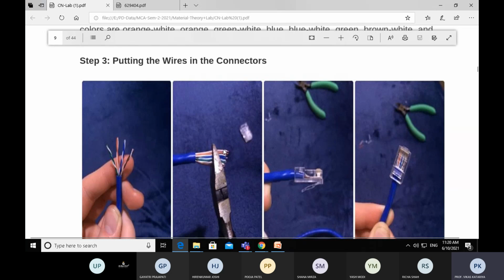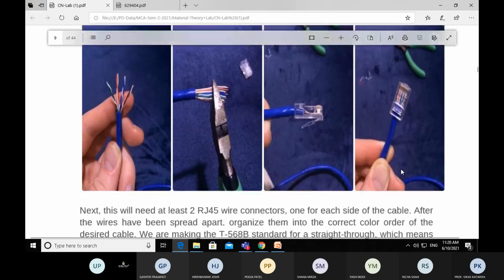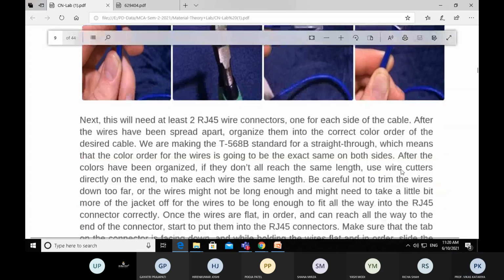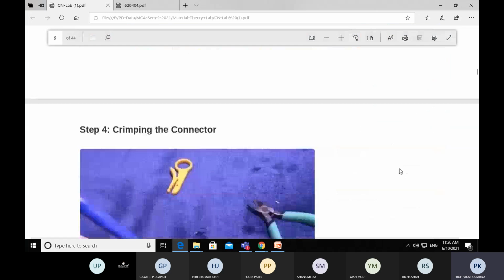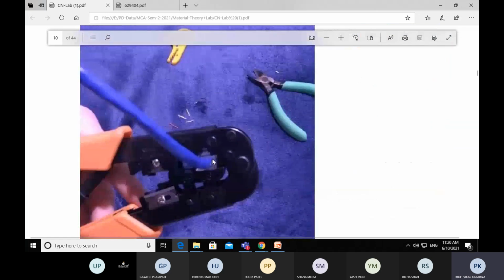After arranging the color combination, for alignment cut it from the edge, then fit it into the RJ45 connector, and then crimp it with the crimping tool. This is the crimping process. You connect the RJ45 connector in the crimping tool and press.